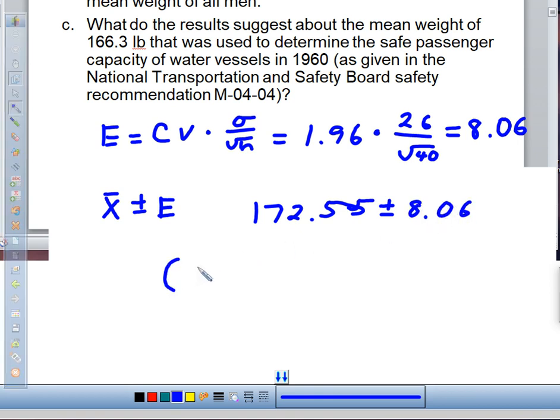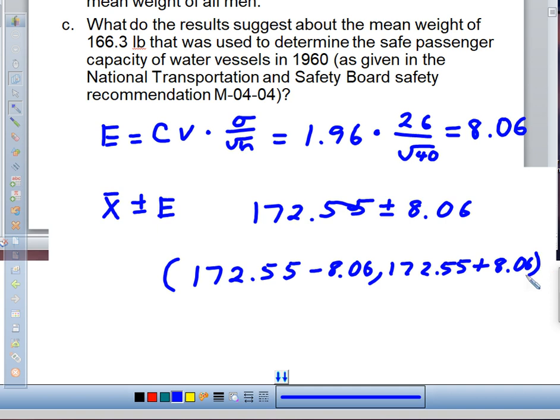So I've got parentheses, 172.55 minus 8.06, comma, 172.55 plus 8.06. So that will give me 164.49 to 180.61. So that's my upper and lower limit. That would be my confidence interval. That's B.